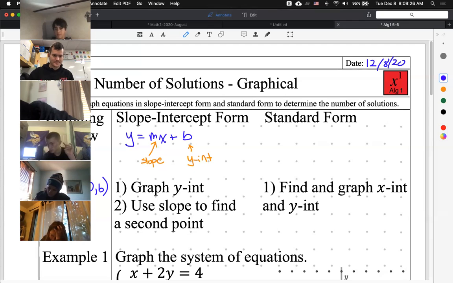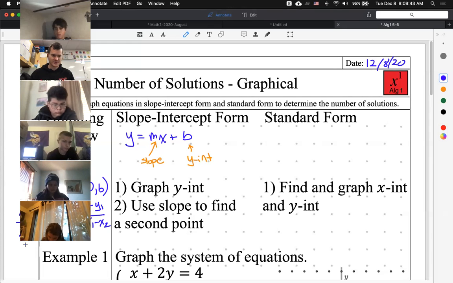Y1 minus Y2 divided by X1 minus X2. Perfect. That one will also work. Any others? Ripley? Delta y over delta x. Perfect. All of those are perfect definitions of slope. So you start from your y-intercept and then you use the slope to find that second point.